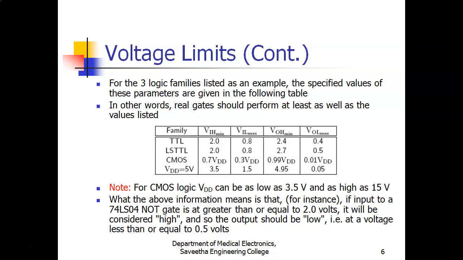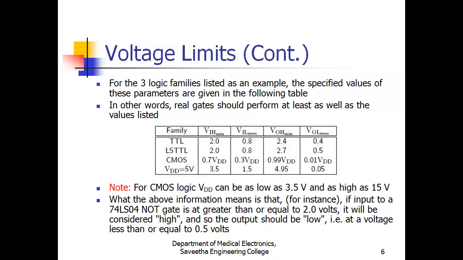So you can see the minimum input voltage and maximum input voltage, similarly minimum output voltage and maximum output voltage, with a range from 2.8, 2.4 to 0.4. So you can see the variations for 3 different families.